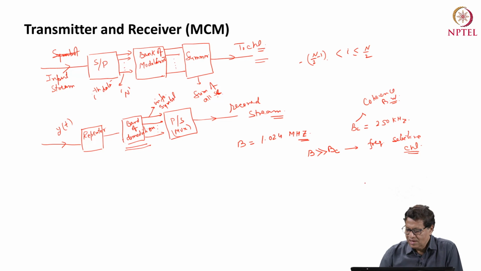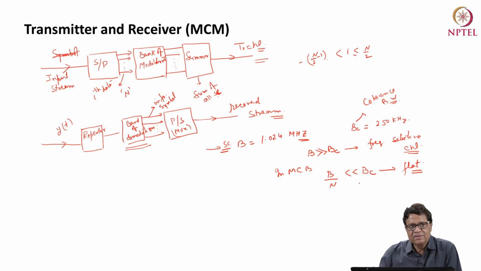This was the case with single carrier, for example. In MCM, now you have divided the bandwidth into N parts, B by N. So B by N is now much smaller than BC. The channel becomes actually flat.